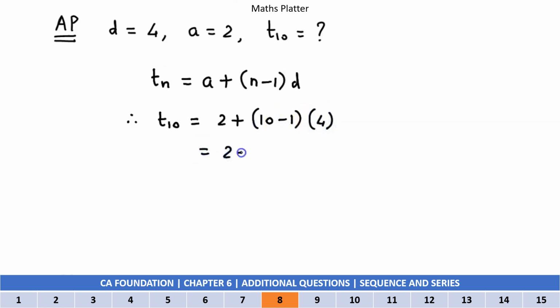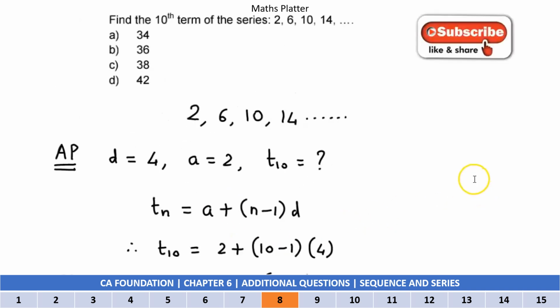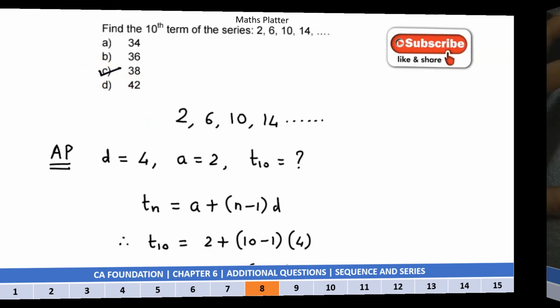So we have 2 plus, this would be 9 into 4, that's 36. So 2 plus 36, our final value is 38. And if we check with the options, the answer to this question is option C.